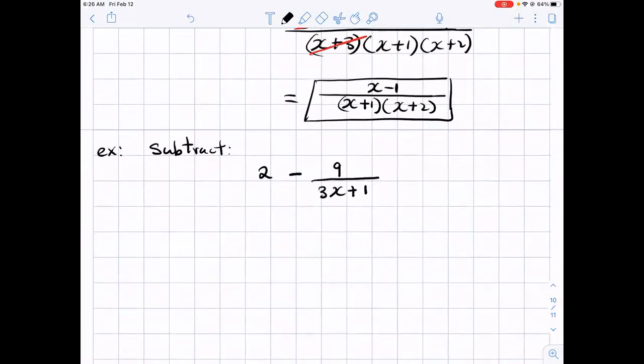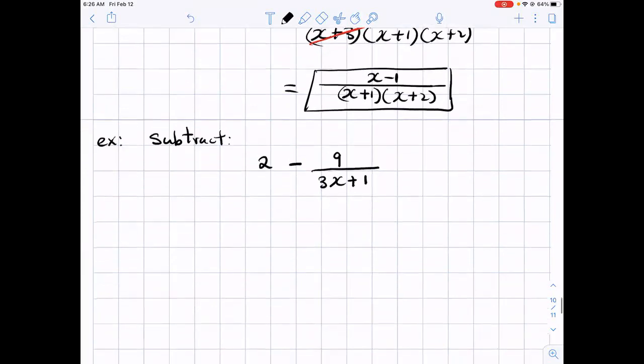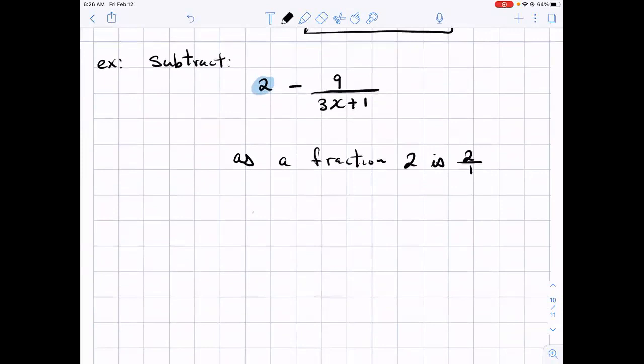But if you make a slight change, you can rewrite 2 as a fraction. So as a fraction, 2 is 2 over 1. So I can write this as 2 over 1 minus 9 over 3x plus 1.